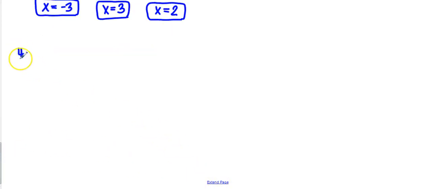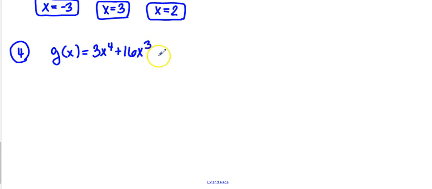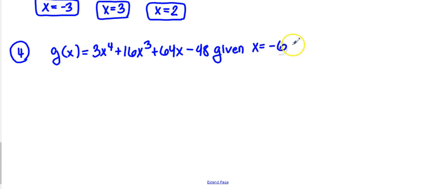Number 4, g of x equals 3x to the 4th plus 16x cubed plus 64x minus 48, given x equals negative 6 is a 0.